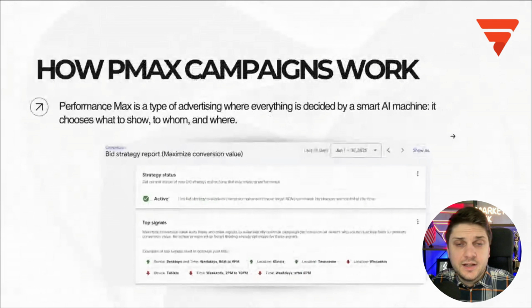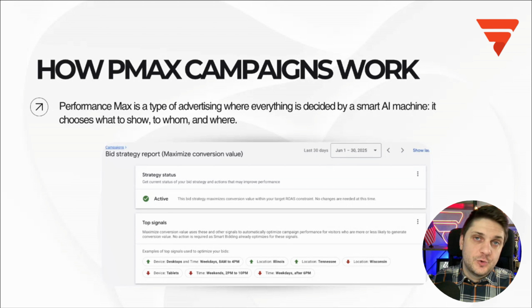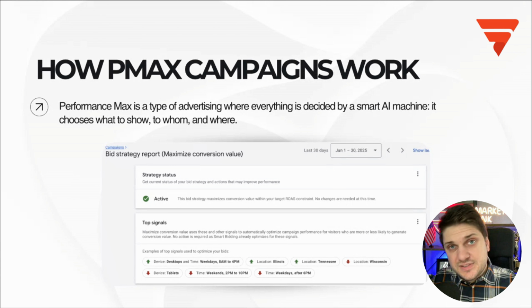So shortly, let me show you how PMax campaigns work. In general, PMax campaigns use AI, and Google and Microsoft, both of them, try to predict customers' behavior, looking at our previous website visitors, our previous sales, and also some data that Google and Microsoft have in their systems.